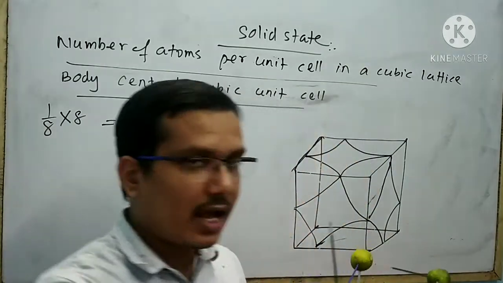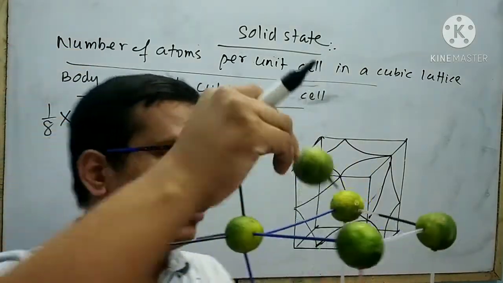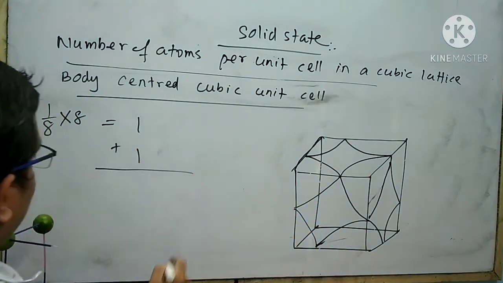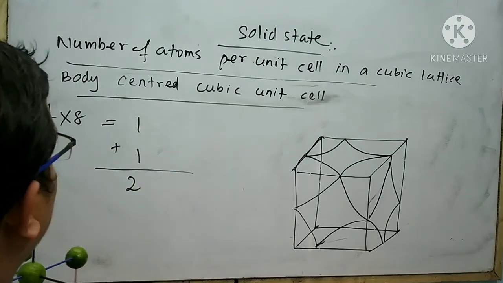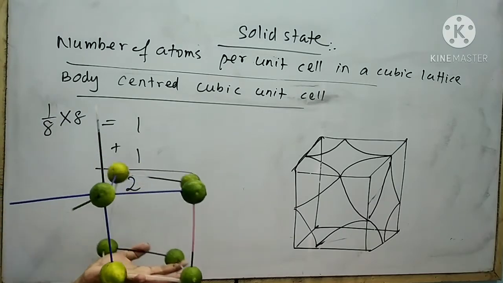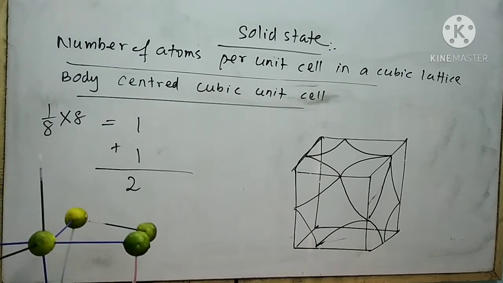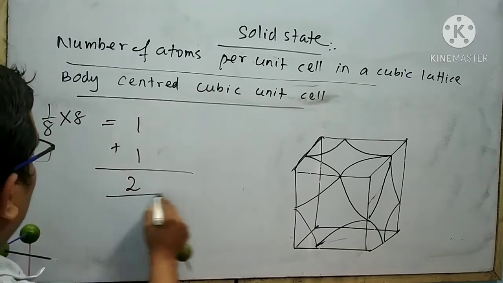Now an extra constituent particle is present at the center of the body, so we have to add one extra constituent particle. That means 2 constituent particles are necessary for the formation of the body centered cubic unit cell. So the number of atoms for the body centered cubic unit cell is 2.